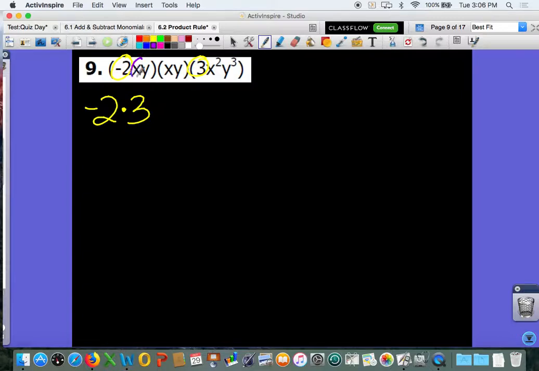Something else that is going to be multiplied is this x right here, and this x squared. I've also got this y, and this y, and this y to the 3rd power, y cubed. So now I can combine everything.